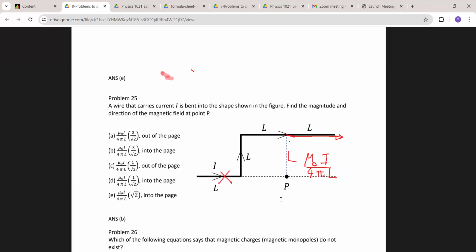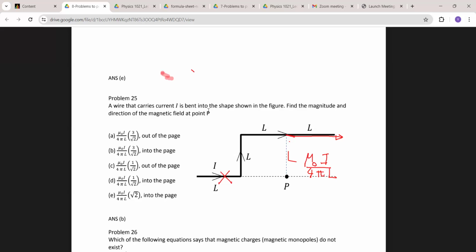The remaining is this one. So this one is a finite section. No, we don't have the finite section in this course now. The finite section is not included.